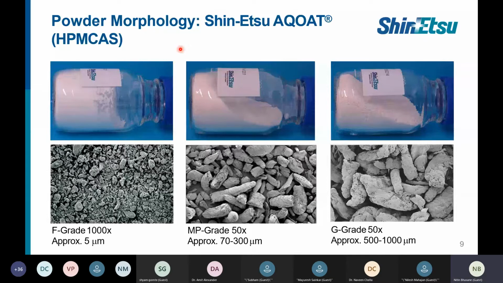In the middle, you can see the MP grade. It also has good flowability and a reasonable particle size around 70 to 300 micron. So you will get suitable flowability, and particle segregation chances will be very low with this kind of particle size range.